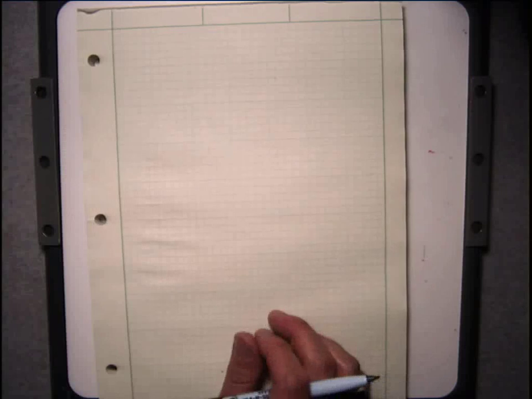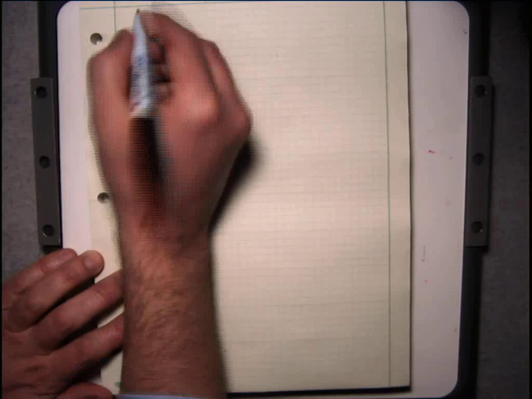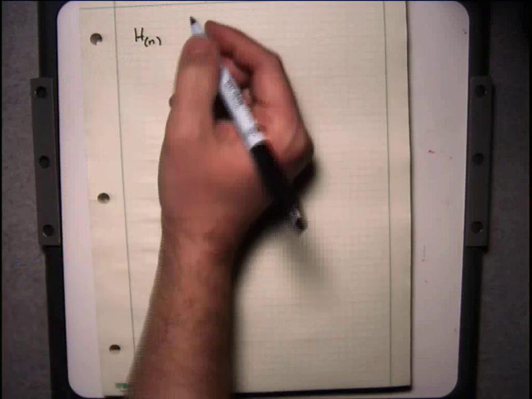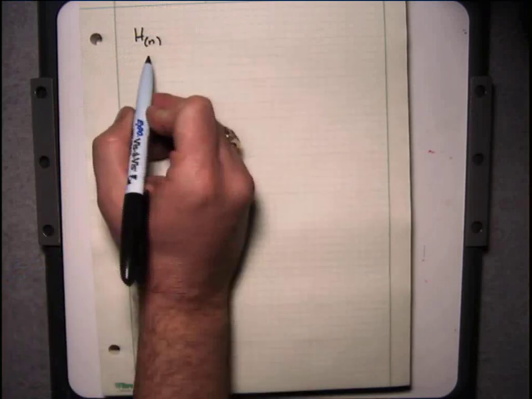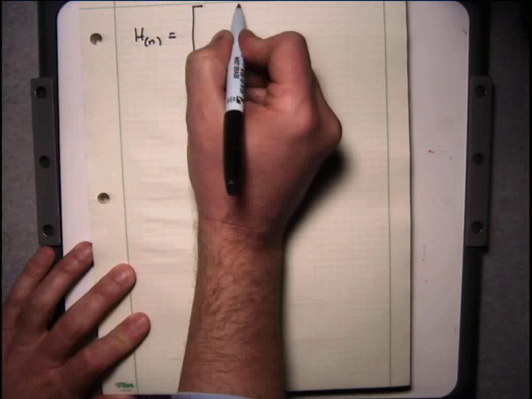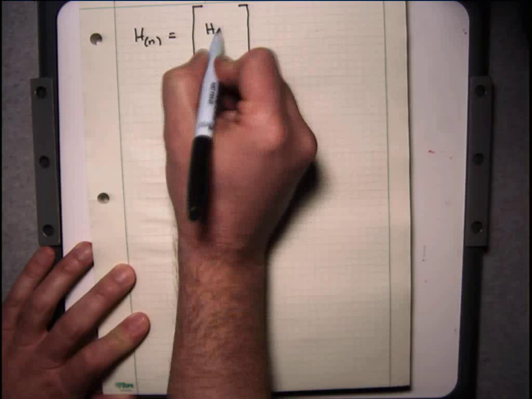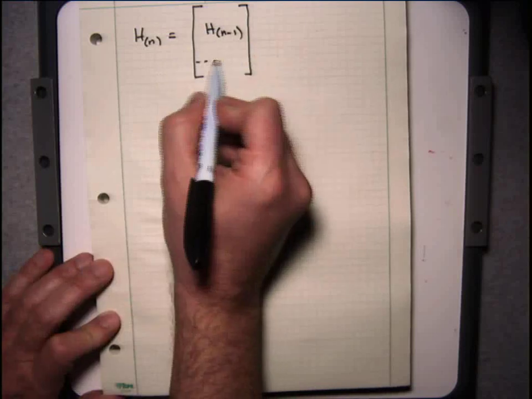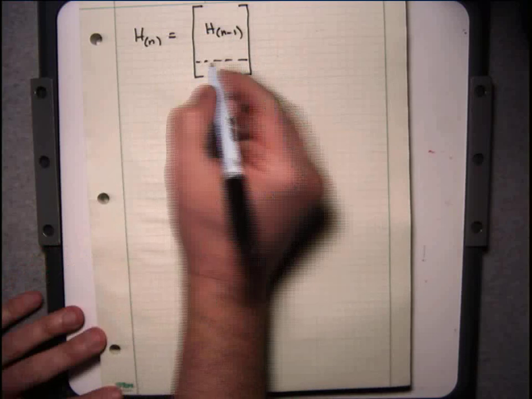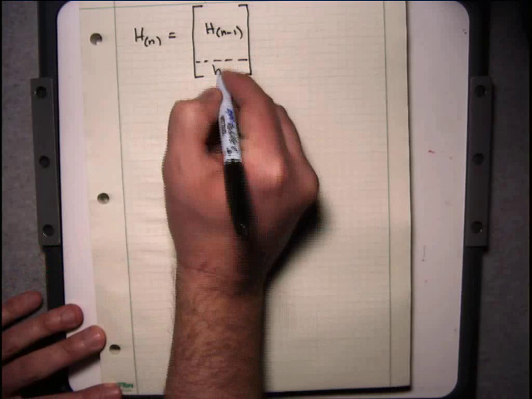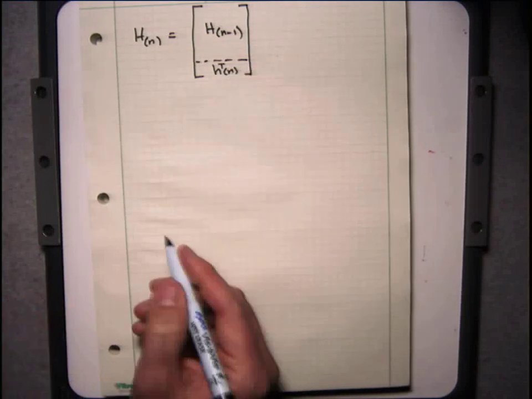So now let's take a look at the structure of this matrix H, and let's write it with an index indicating that we have x0 through xn, so there's n plus 1 data points. If you write this, what you have is H n minus 1. This is the matrix that you would have for the previous iteration, and then you add an extra row, which we can denote as h transpose of n.